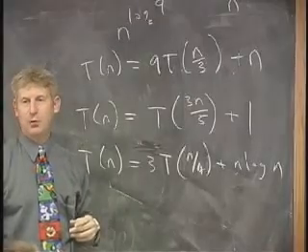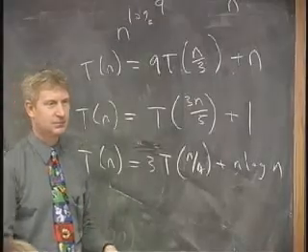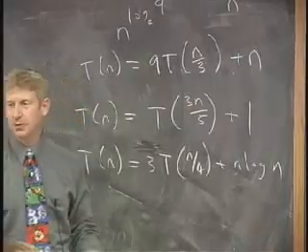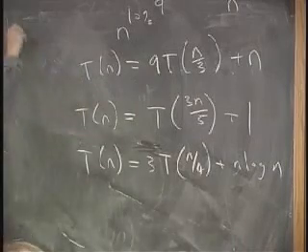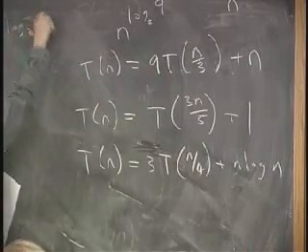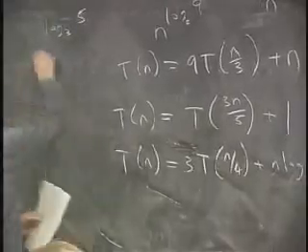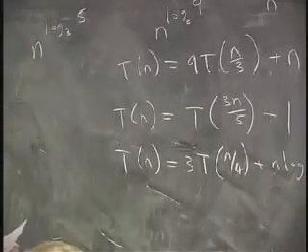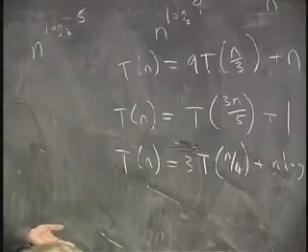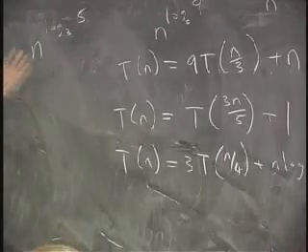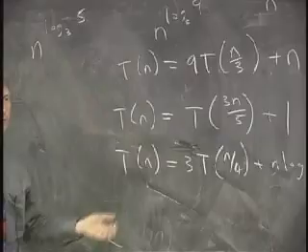What if you had 5 subproblems? It'd be log base 3 of 5. Is that bigger or smaller than n asymptotically? It's bigger. And what would the asymptotic complexity of your algorithm be? It'd be n to the 1 point something.